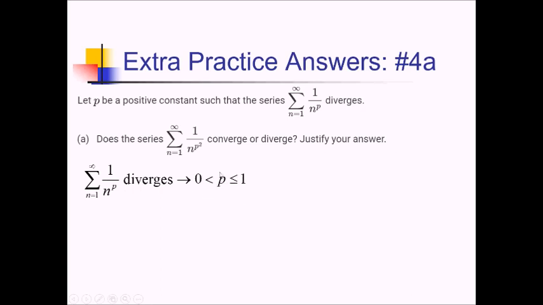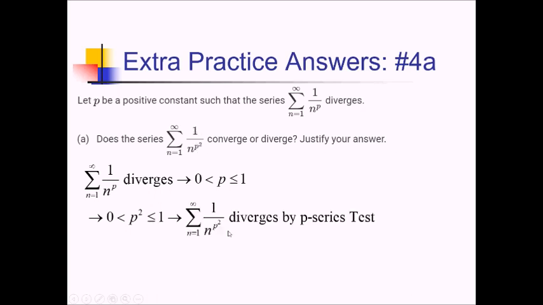Well, if p is a value like this, then if I square a number like that, I'm going to get another number that is also between 0 and 1, including 1. So that means that 1 over n to the p squared, since it's 1 over n to a number between 0 and 1, is going to diverge also by the p-series test.